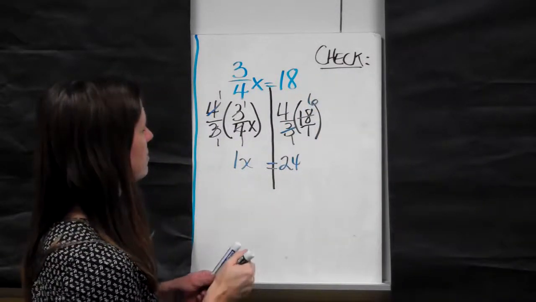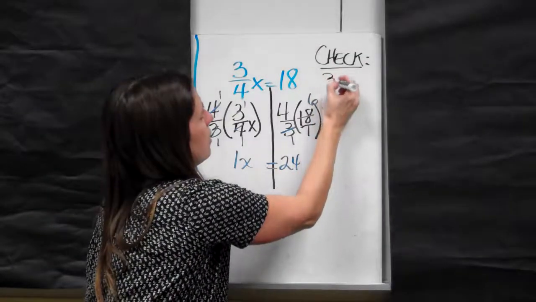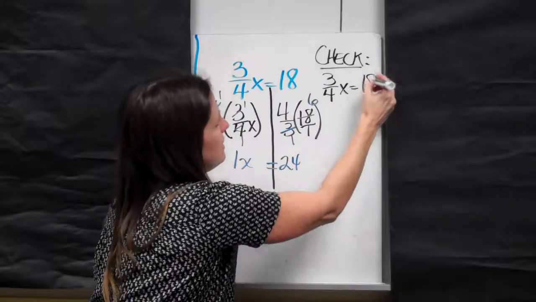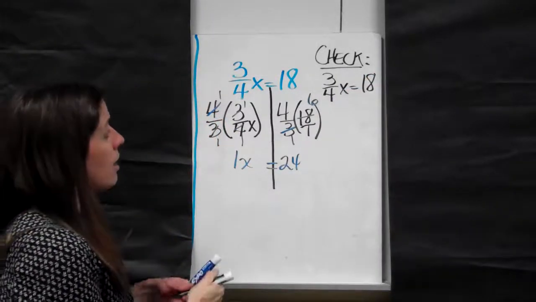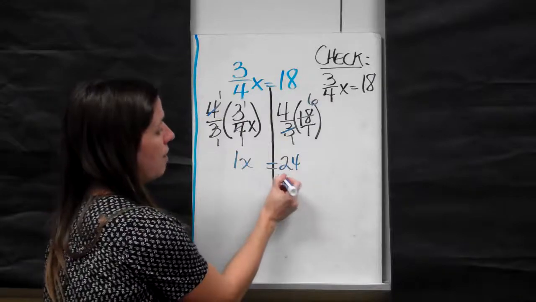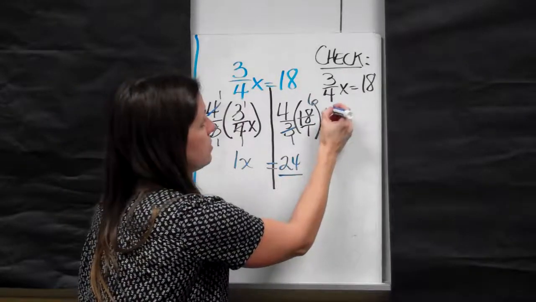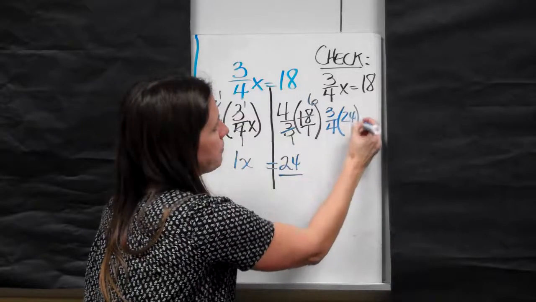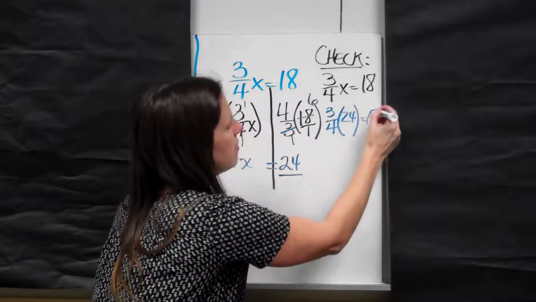Now, we are going to continue to do our check, just as we did in the 2 previous lessons. So you will start by rewriting the original equation, 3/4 times x equals 18. The second line, you will take what you got for x and substitute that in. So 3/4 times 24 equals 18.